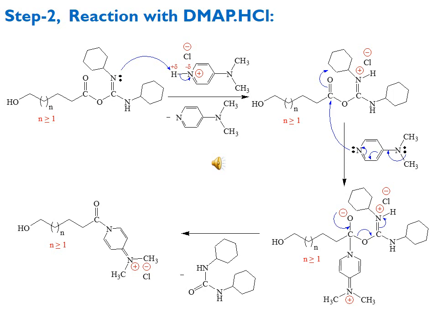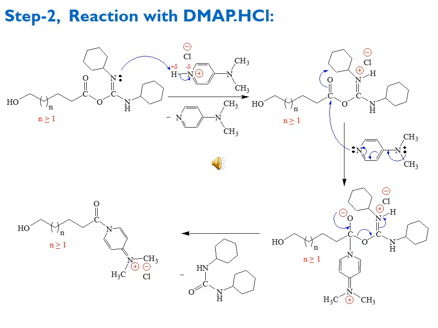Here is step 2, in which this previously synthesized activated ester is now treated with dimethylaminopyridine hydrochloride, that is, the protonated amine.